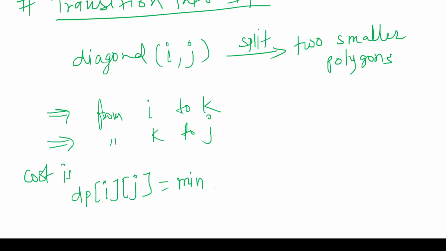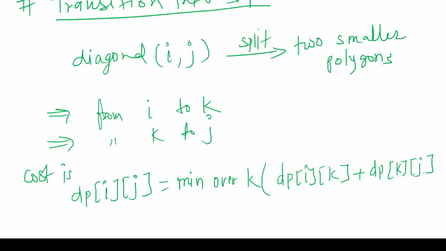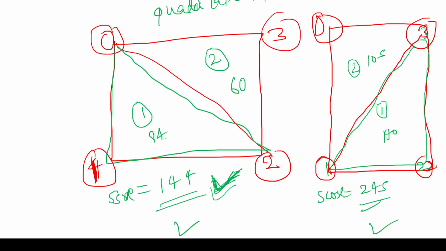So we'll say minimum over k, and then we'll say, okay, what is dp at i and k, correct, plus dp at k and j, right? If you see here, the one I've taken, 84 and 2 is 60.